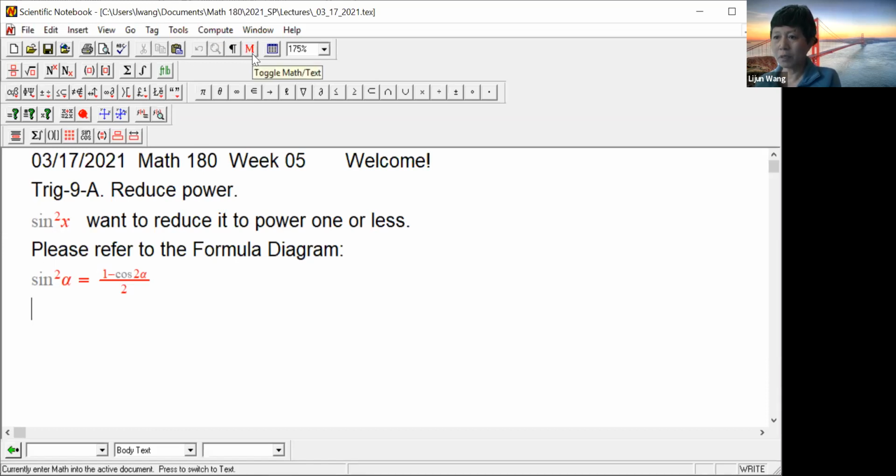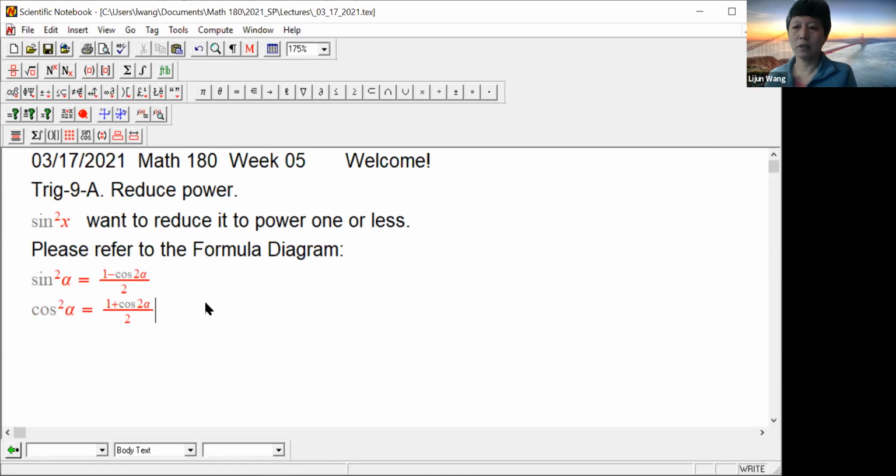The other formula is right next to it. Did you find it on the formula sheet? Did you guys find it?